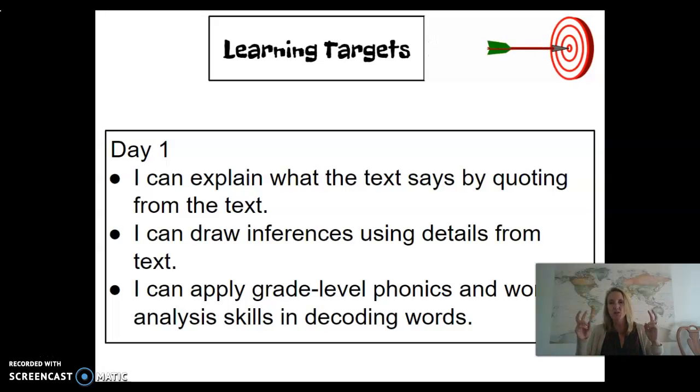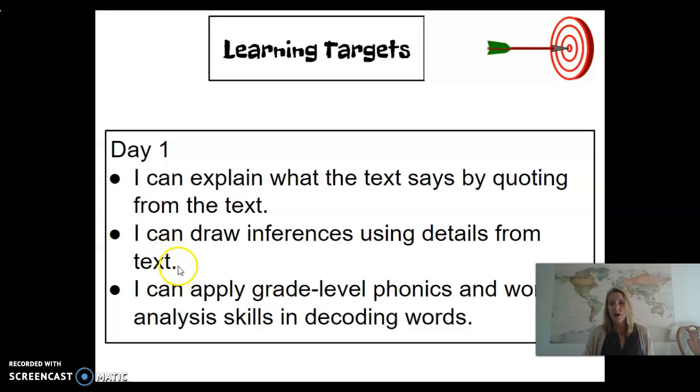Many times we use quotation marks to show that those are exact words that the author used. So quote, phrase, comma, quote. Or it could also be quote, phrase, period, quote. So those quotes fall on both sides when you take exact words from the author.